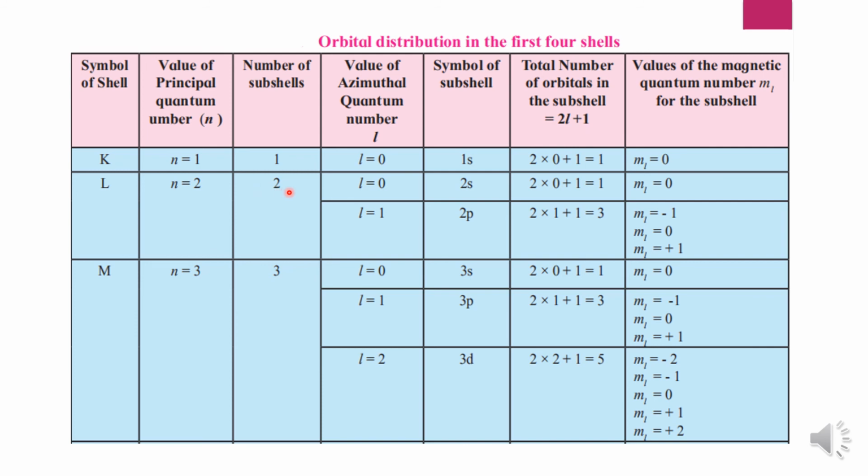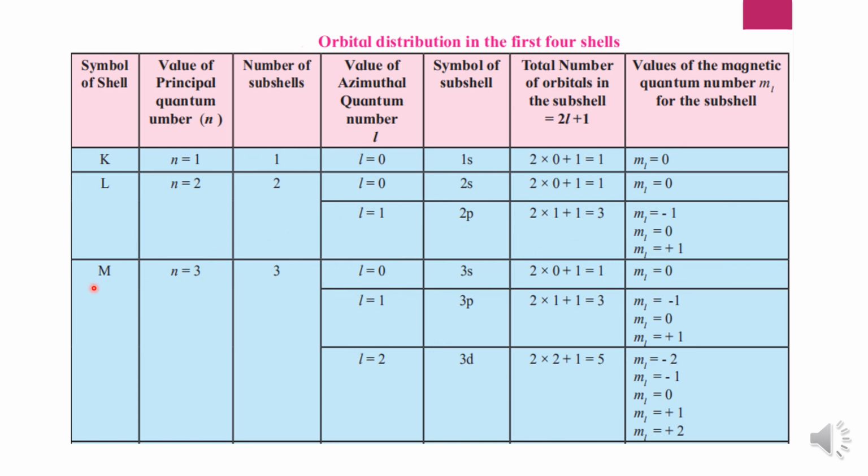It has 2 possible azimuthal quantum numbers according to the 0 to n minus 1 formula: L equals 0 and L equals 1. If L equals 0, that means in the second shell the s subshell is present, and if L is equal to 1, the p subshell is also present. Total number of orbitals according to the 2L plus 1 formula is 1 and 3, and these give the possible magnetic quantum numbers.